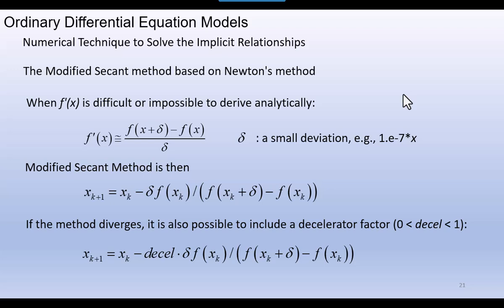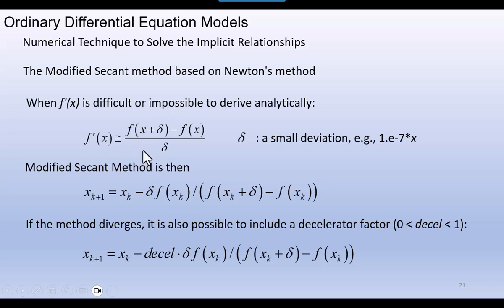So an approximation can be used very frequently, which is called the modified secant method, and it's directly based on Newton's method. And what we do is we do not try to derive the derivative of f of x, but rather we approximate it using a small delta or perturbation in x at our particular point of estimate, a small deviation such as 1 part in 10 to the 6th of x or 10 to the 7th.